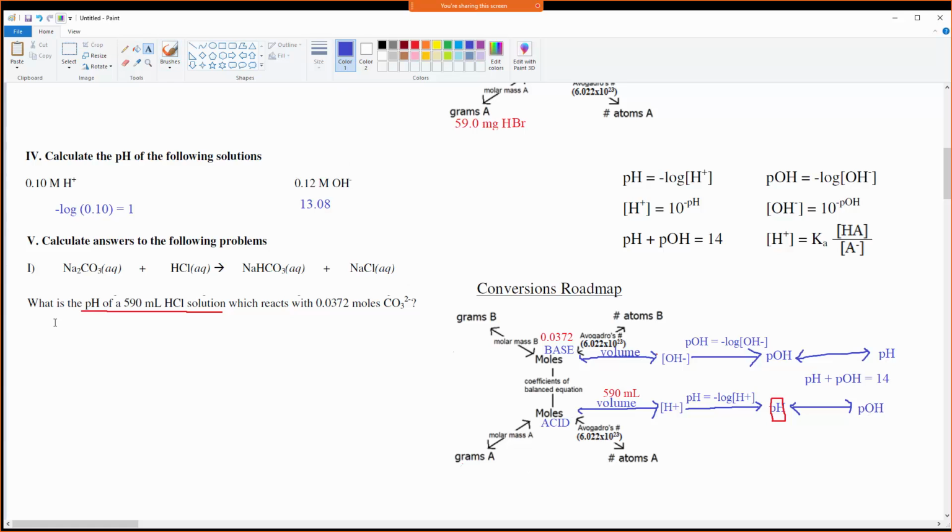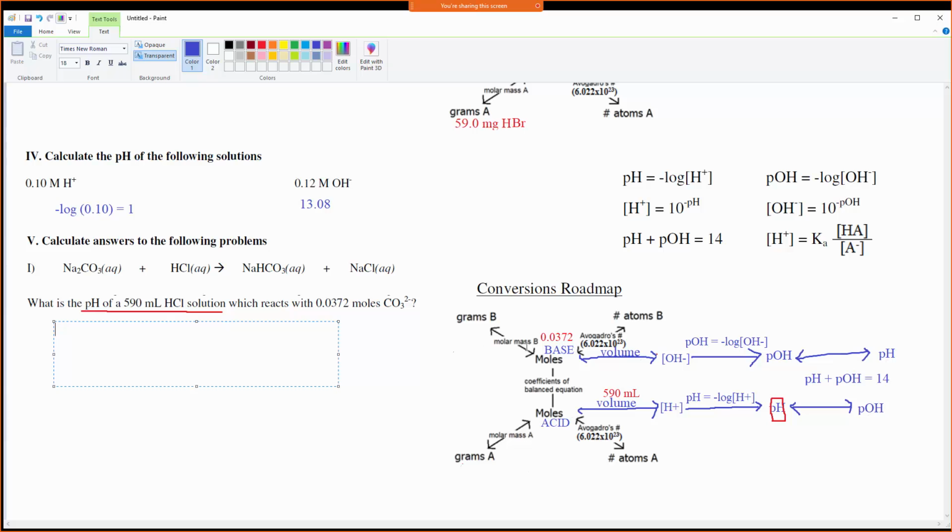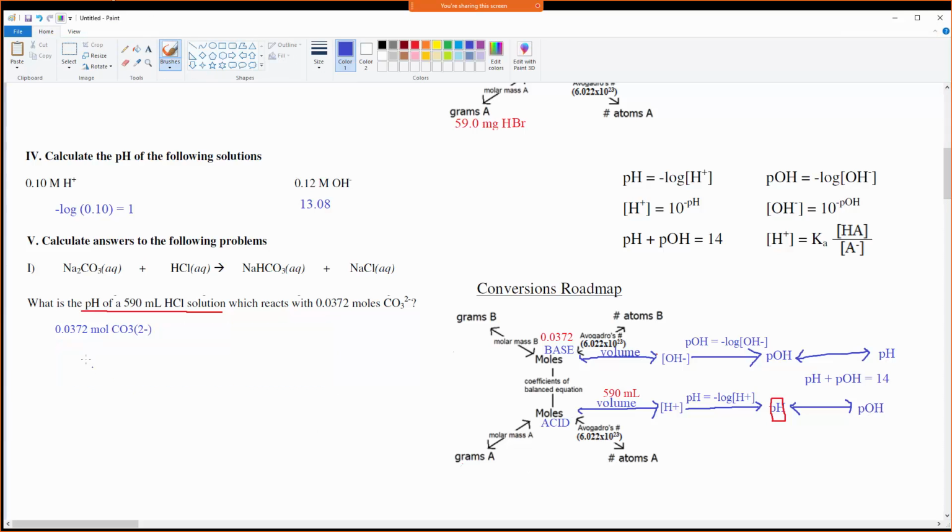Walk me through this. I can see I'm starting here. What should I do next? All right, you see my mole to mole ratio, which is 1 to 1, it looks like.